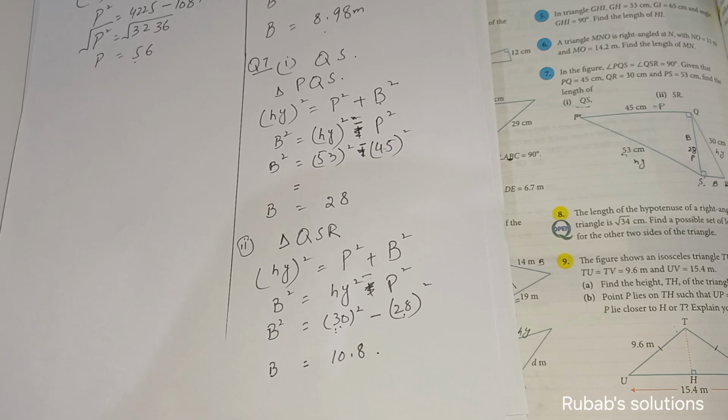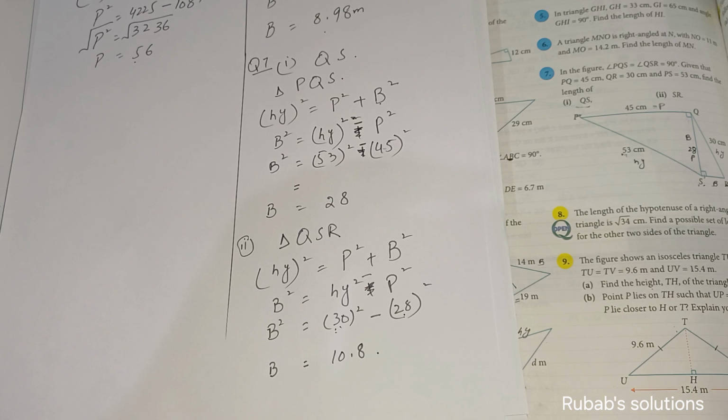Now this is your hypotenuse, this is your perpendicular, and again you have to find the base. But now the triangle is different. Now which triangle are we using? Using triangle QSR, and in QSR, hypotenuse square is equal to perpendicular square plus base square.